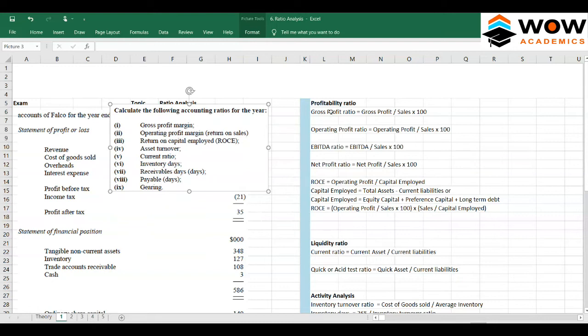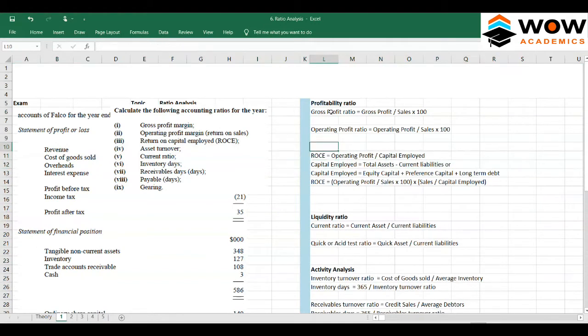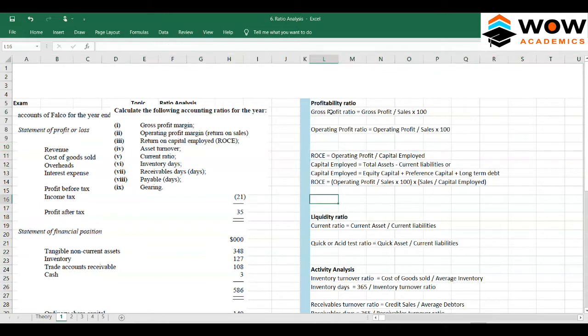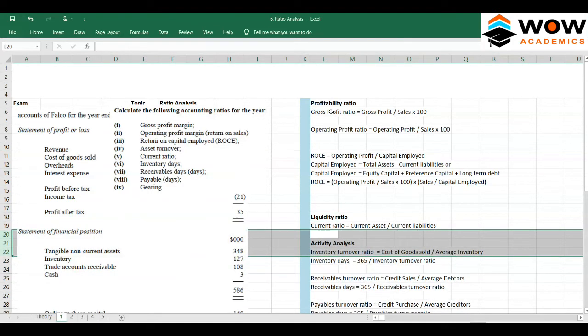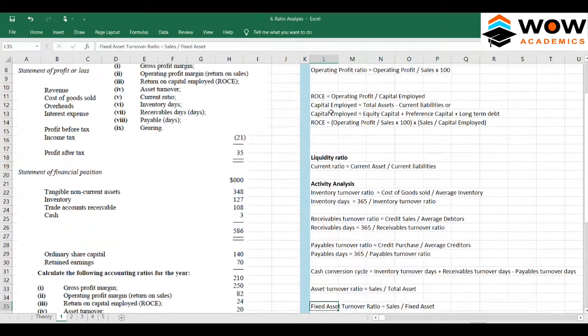Gross profit we have to do, operating profit we have to do, net profit we don't have. So we have ROCE, then we have current ratio, we don't have liquid ratio. Then in activity ratio we have inventory days, receivable days, payable days, and asset turnover.